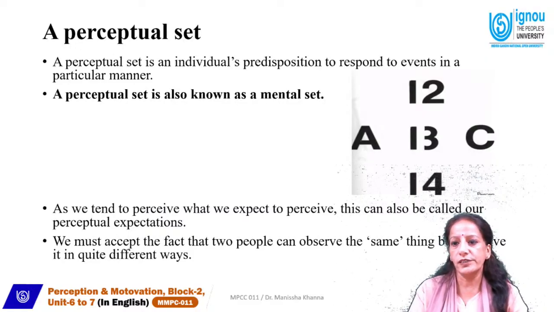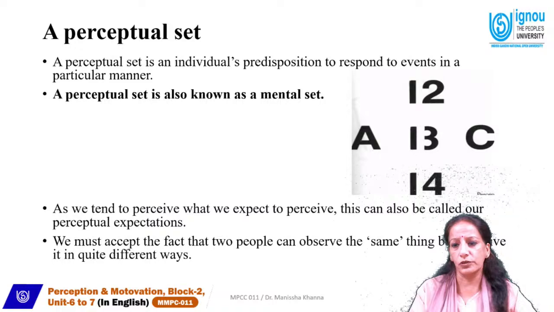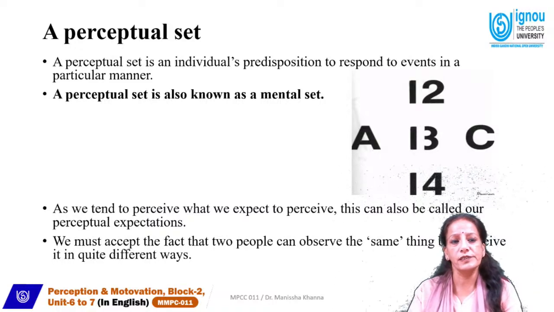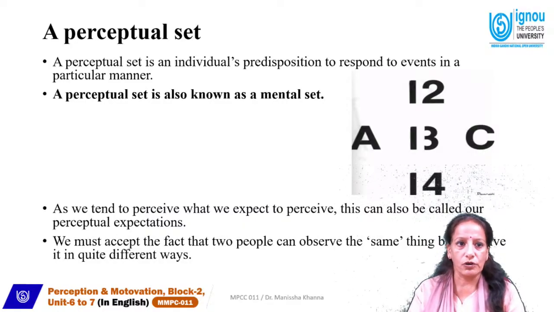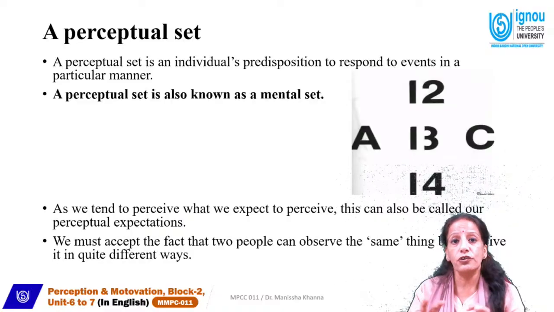So here, when we see the figure vertically, it can be seen as 13, but the same figure when we perceive it in a horizontal manner is grouped with the alphabet, so it is seen as B instead of 13.